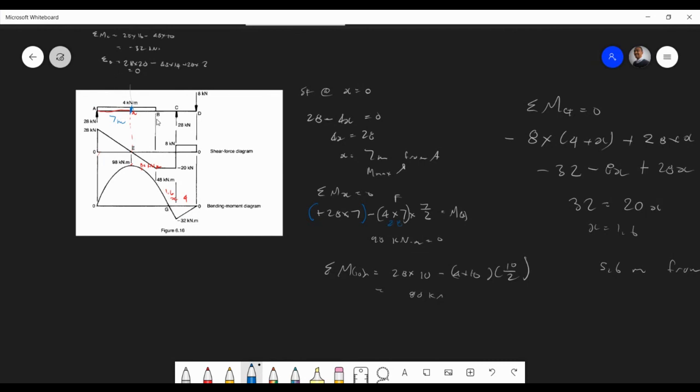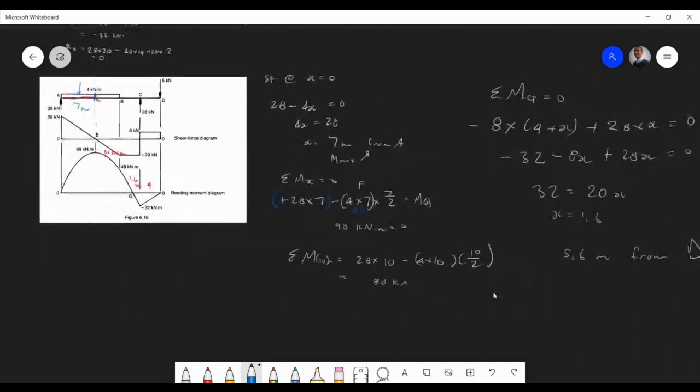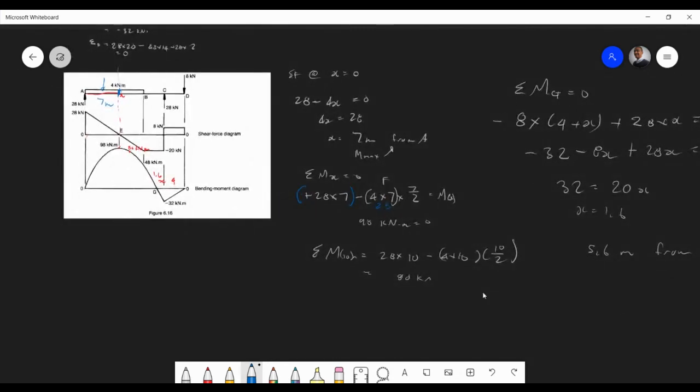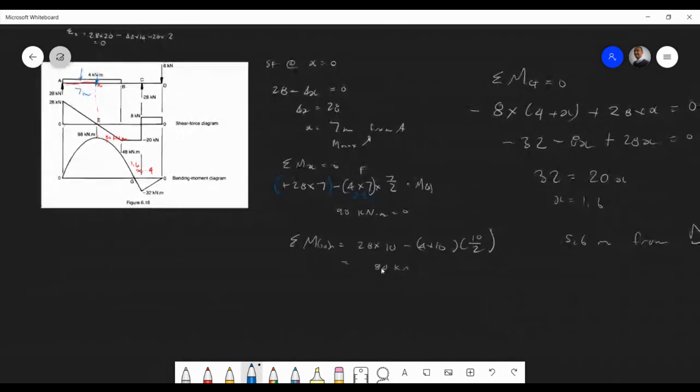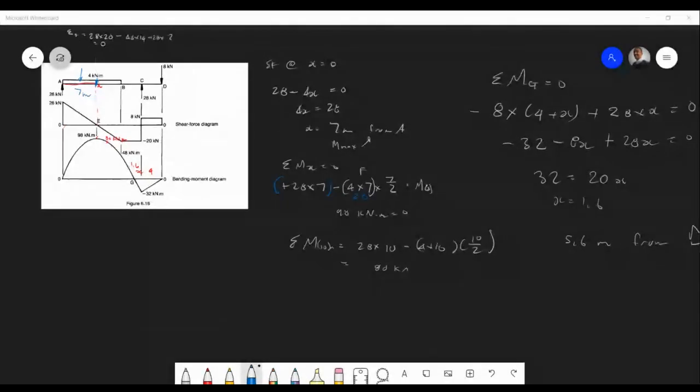But remember, the UDL acts halfway between the 7, so that's why it's 7 divided by 2. It's 4 times 7 to get the force, and then it acts halfway between the two. Okay, thank you. So what I was illustrating over here is now we can even find it at 10 using the same kind of idea. Okay, next question.